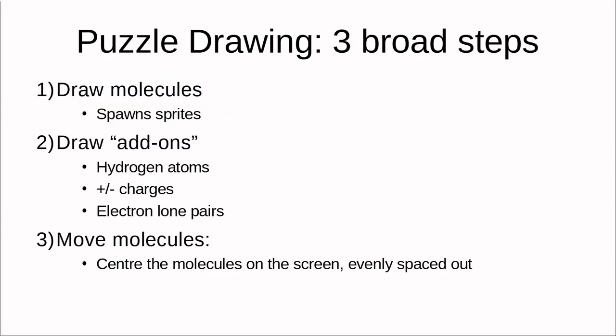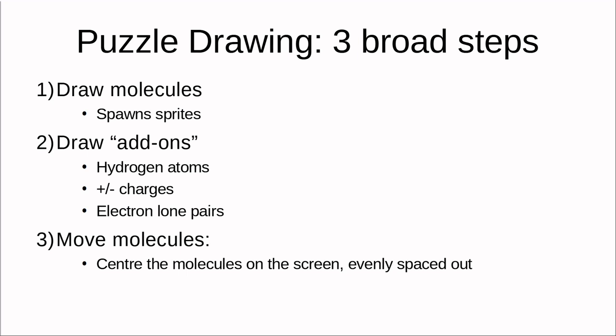So an overview of the puzzle drawing system then, basically it's going to do three things. First is actually to draw the molecules, which is spawning a series of sprites and assigning them their properties. And then after the molecules are all drawn, the game will apply adjustments to their properties depending on certain circumstances. So this will include things like calculating the number of hydrogen atoms that are associated with each atom, adjusting properties if the atoms are positively or negatively charged, and spawning in lone pairs for each atom.